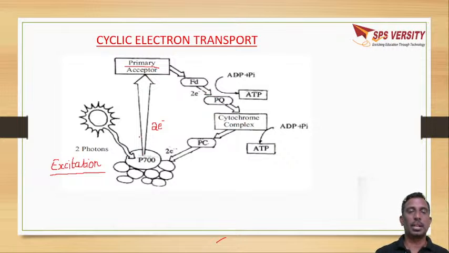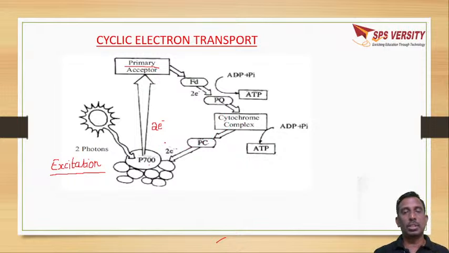A picture में क्या दिख रहे कि these electrons which move through different electron carriers again come to the same starting point. That is, FD means ferredoxin, plastoquinone, cytochrome complex, plastocyanin, are electron carriers. And through these electron carriers, the electrons will reach again this place.